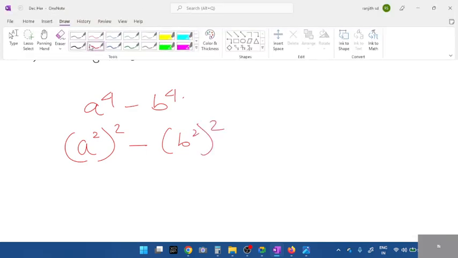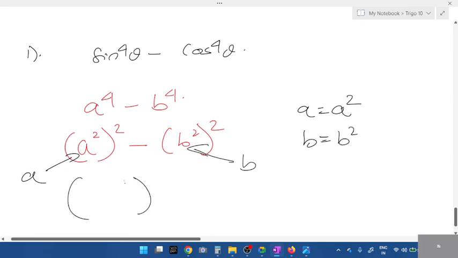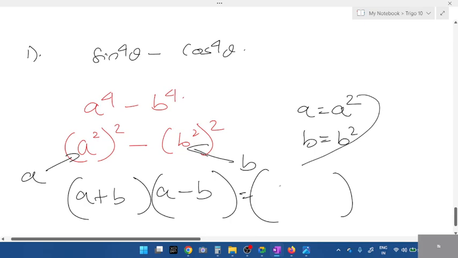Now, what is a value, students? Take this entire thing as a, this entire thing as b. A is a square and b is b square. Now we use a plus b into a minus b. Let us substitute the values: a square plus b square, a square minus b square.